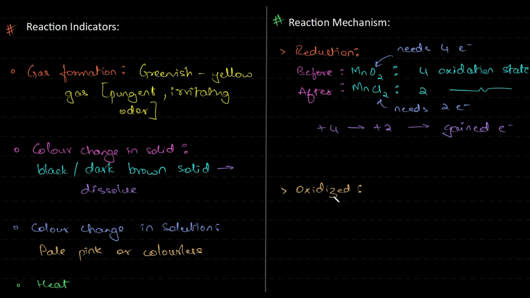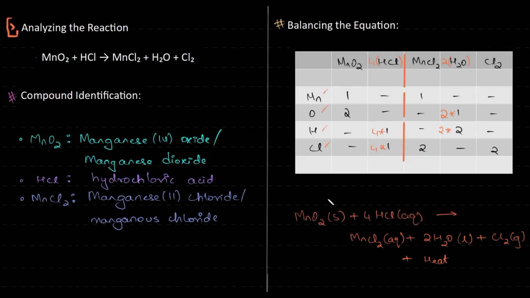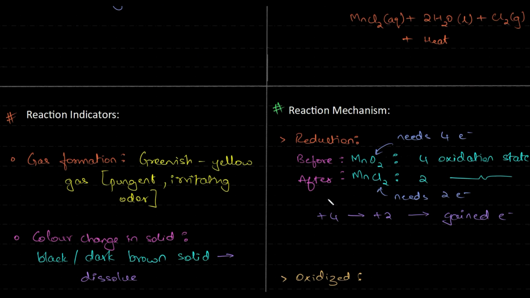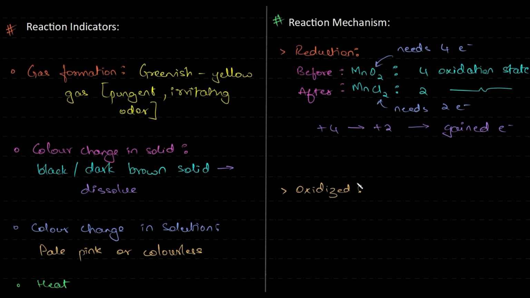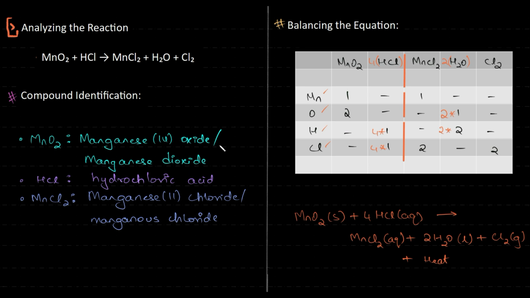Then oxidized. Who is getting oxidized? Who is getting oxidized over here? Think about it. It's quite simple. Yes, chlorine. Let me start off with before and after. Before and after. Now, before, what is happening? We have HCl. It moved from HCl to, we have Cl2.